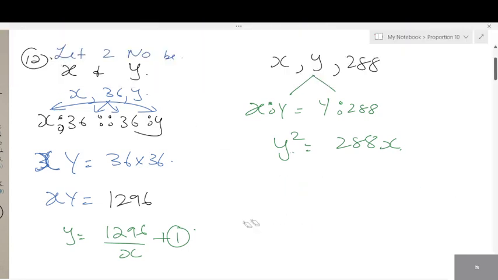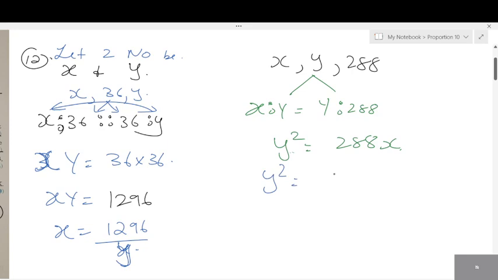Instead of that, take the value of x, students. Let's substitute the value of x here. If you want to find x, it is 1296 divided by y. Anyway, even that is going to get tough. Fine, we'll try. y square is equal to 288 into 1296 by y. This is the first equation, this is the second equation.